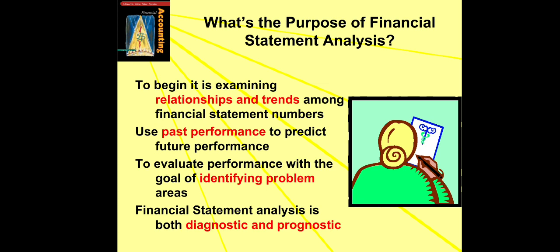So how to know whether the business is good or not? To know whether the business is good or not in the future, you can do financial statement analysis. You can do some analysis and then make a conclusion: oh, this business will perform well in the future, or this business is not going to perform well in the future. There is a way to do the analysis and make that kind of conclusion.